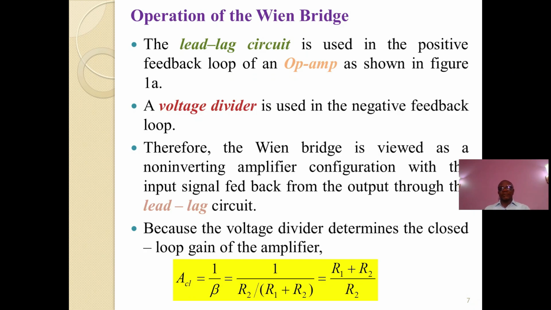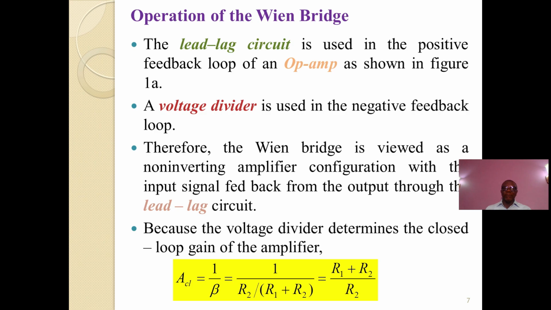Now, let's look at the operation of this Wien bridge. The lead lag circuit is used in the positive feedback loop of an operational amplifier, as we have seen in Fig 1a. A voltage divider, that is the R1, R2 portion marked in dark shade, is used in the negative feedback loop.